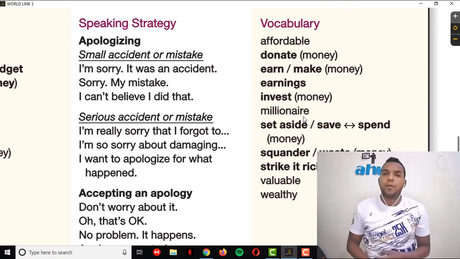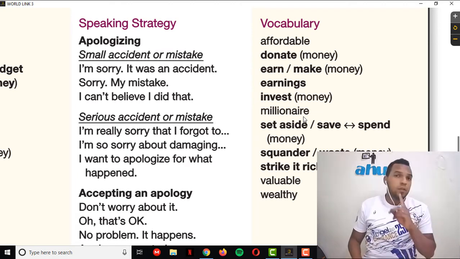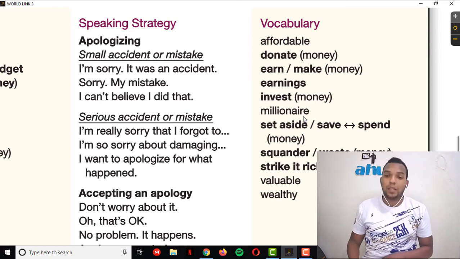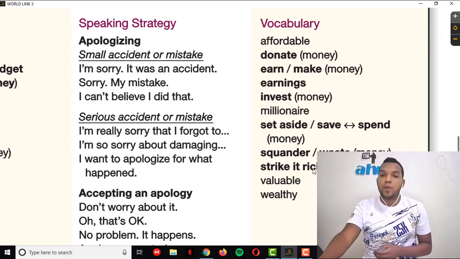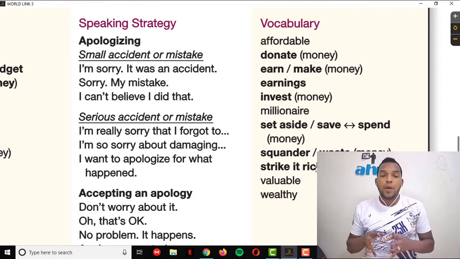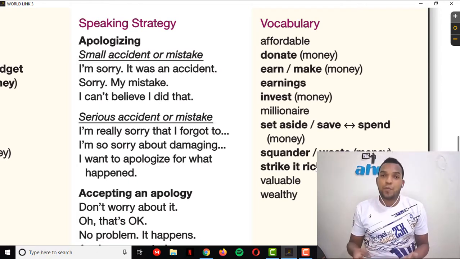It doesn't matter if you are not receiving the money back again. You are wasting or squandering. Strike it rich. This is when you win the lottery. You say, "Oh my gosh, I strike it rich." It's like you become a rich person immediately.